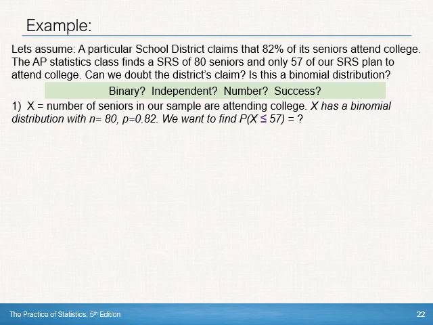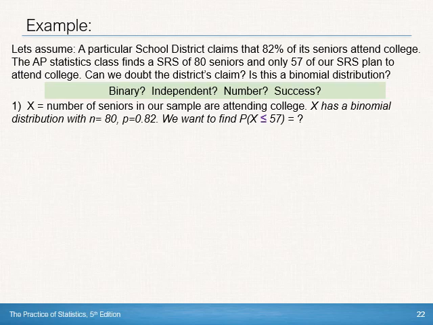The first step in our three-step process is to define the random variable x. It's the number of seniors in our sample that are attending college. X is a binomial distribution. The total number of trials was 80, because that's how many seniors we asked. According to the district, 82% are going to college, so the probability that someone said they were going to college was 82%.